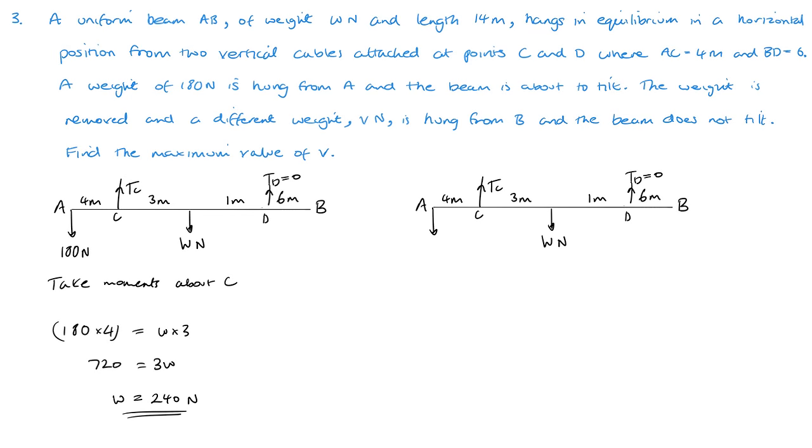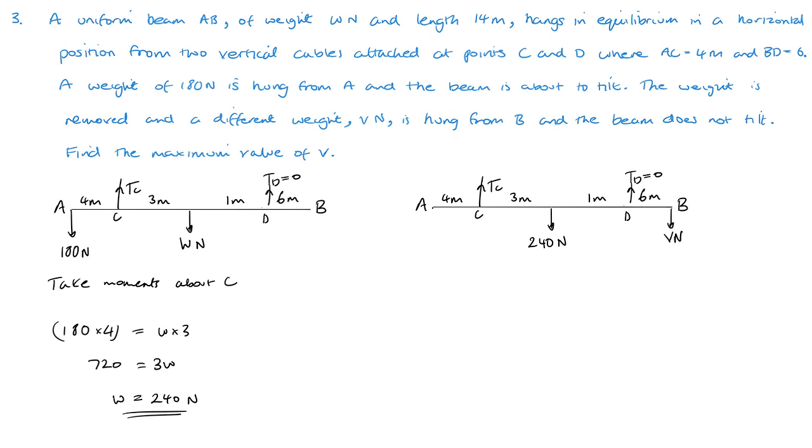Now, this 180 weight is removed from A, and a different weight of V newtons is hung from B. Okay, and this W now is 240, isn't it?